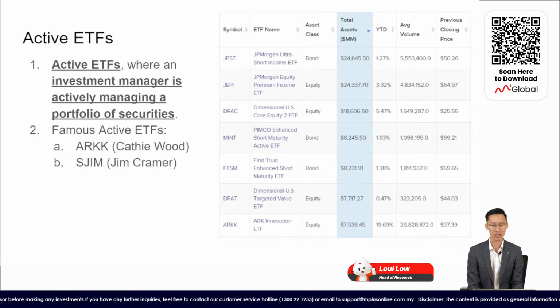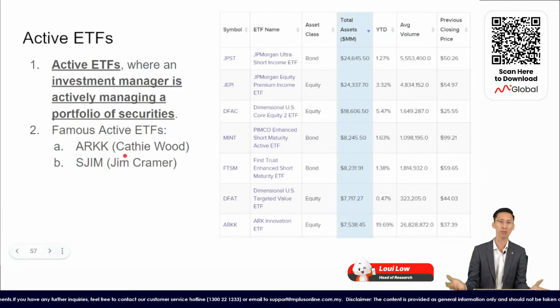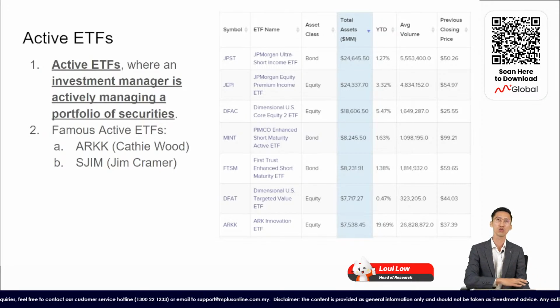But Katie Wood was named the female Warren Buffett early on. She also mentioned that she wants to invest in the new economy and new green energy. That's why Tesla is one of the top picks by Katie Wood as well. This is one of the active ETFs that you can look out for in the market.